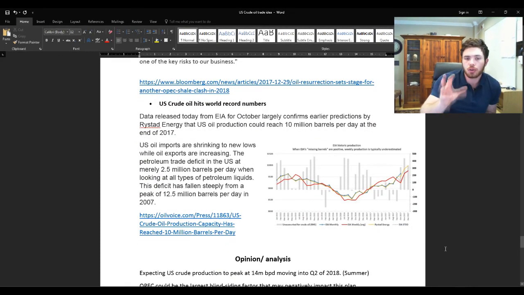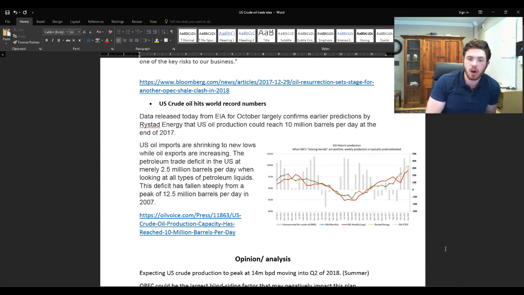Another one is US crude hits world record numbers. So data released today from EIA, October largely confirms earlier predictions by Rystad Energy that US oil production could reach 10 million barrels per day at the end of 2017. They were very close. It hit 9.6 million barrels per day in December.